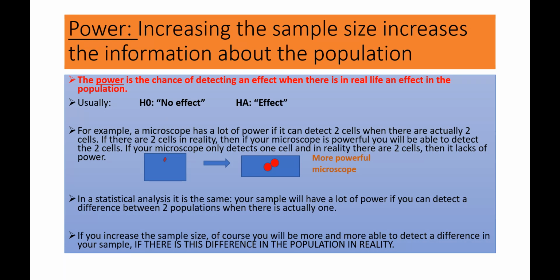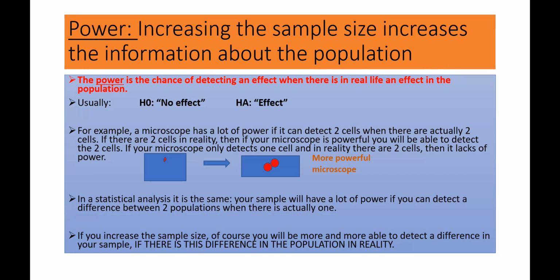So let's say we have a microscope that has a lot of power if it can detect 2 cells. Okay, let's say you have the first square here. You do not see 2 cells here. You just see 1 cell. So in fact, imagine that there are 2 cells. Well, in that case, your microscope would not be powerful enough to detect that there are 2 cells.